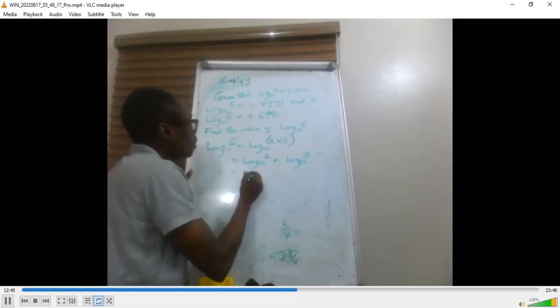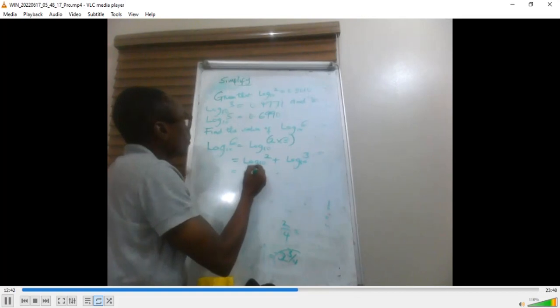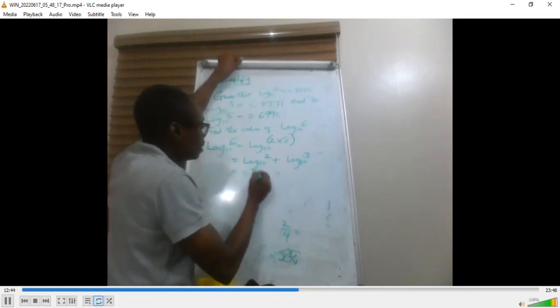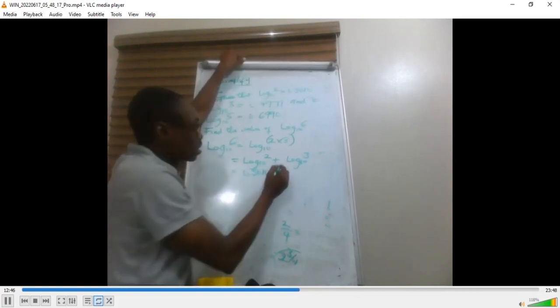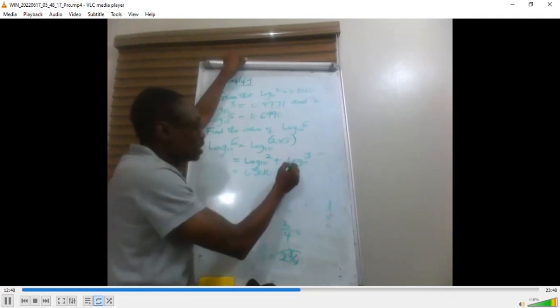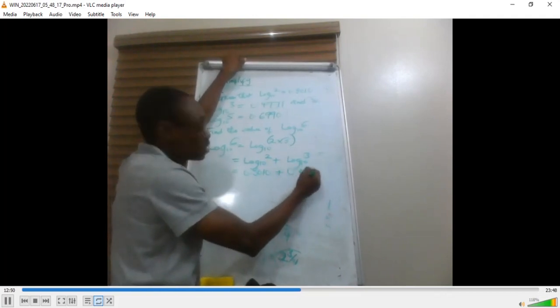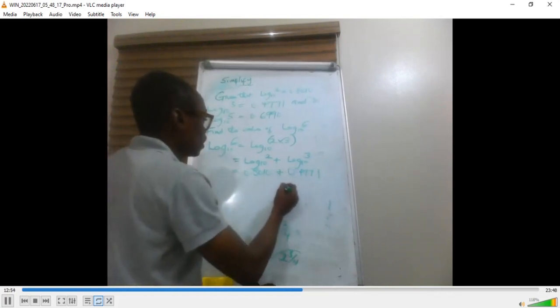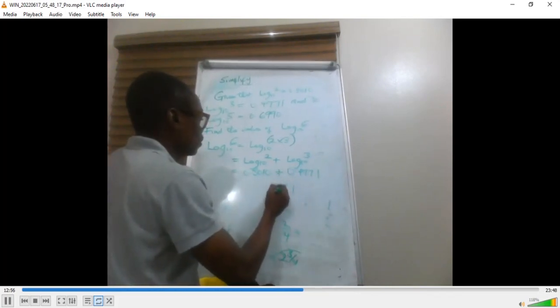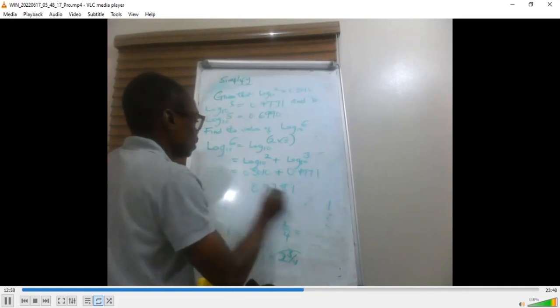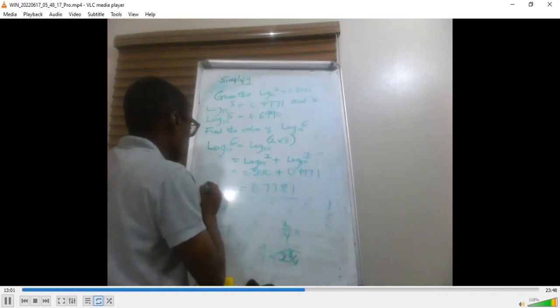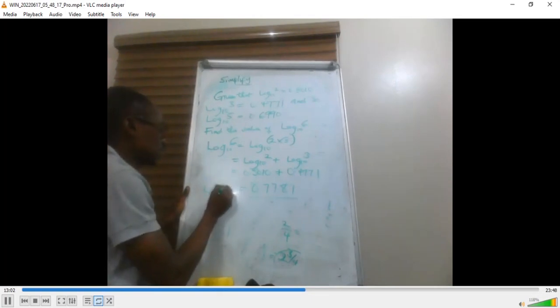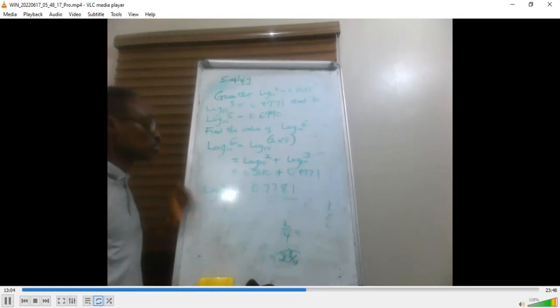So this is log 2 base 10 is 0.3010, while log 3 base 10 is 0.4771. So you add this together, this is 0.7781. So that means that log 6 base 10 is 0.7781.